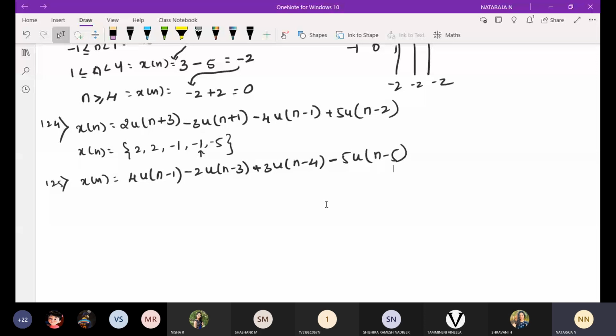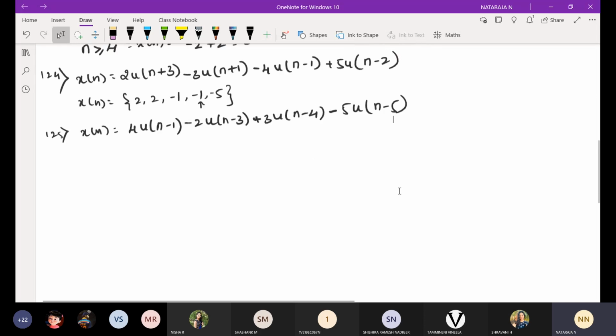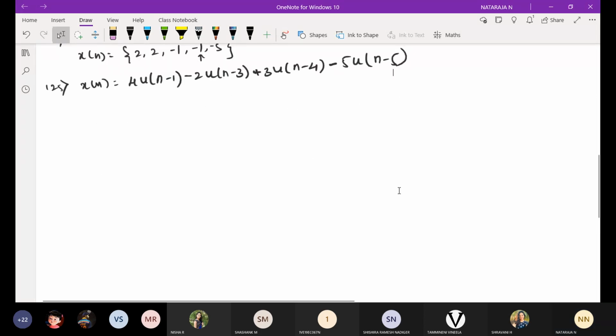Sketch the signal for the given answer. Next, try this problem.